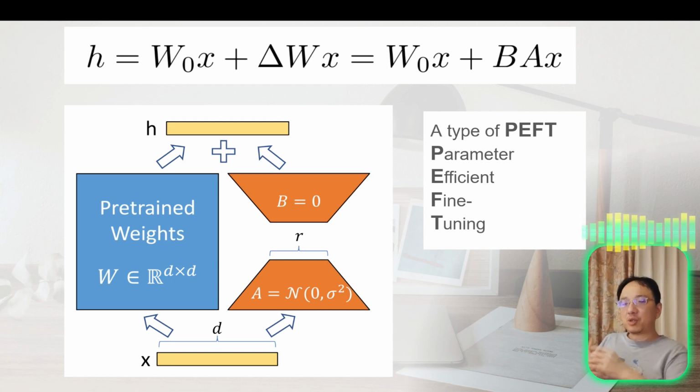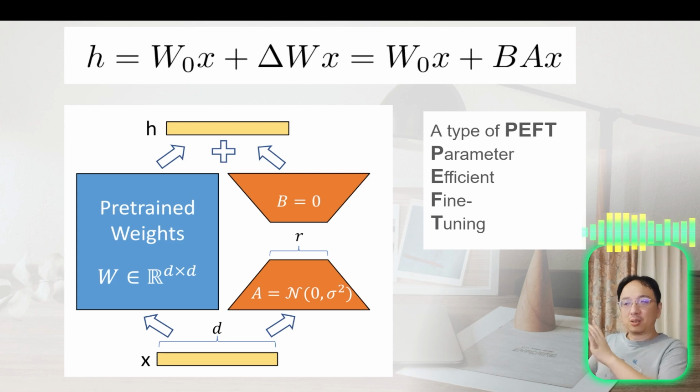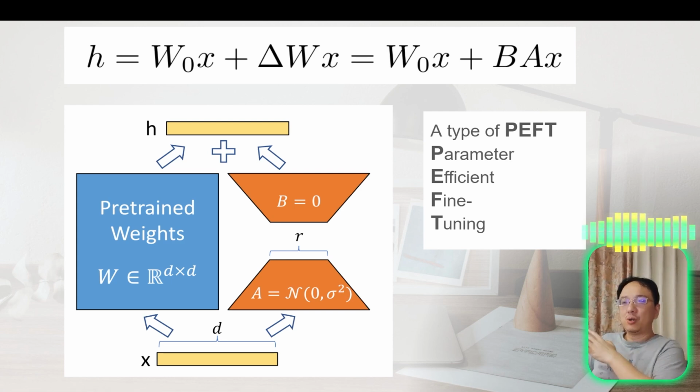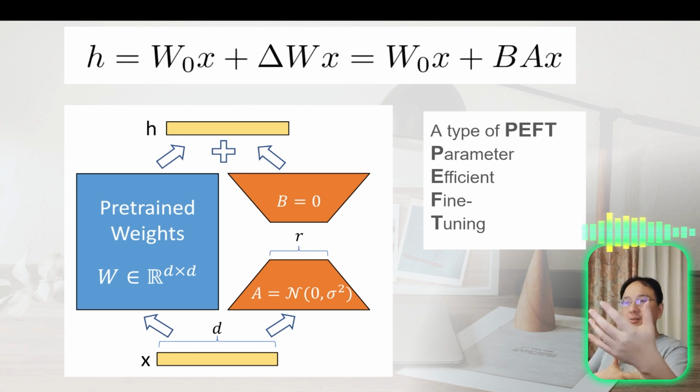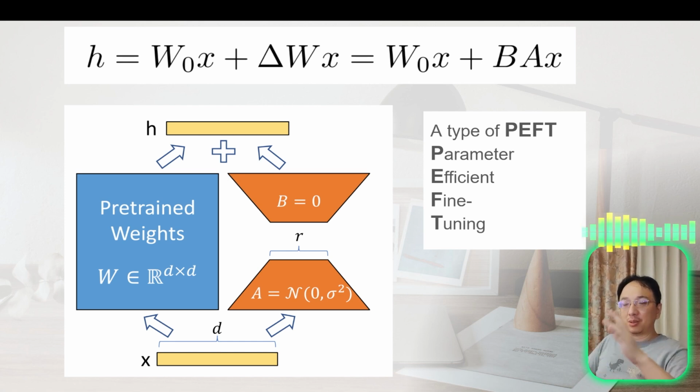If we can adjust only a few parameters, that will be ideal. But which parameters should we choose? This is a problem because the original model is pretty good, either a large language model or a diffusion model like Stable Diffusion. All of these models have already been trained on billions of data, so they are pretty good as a base model.